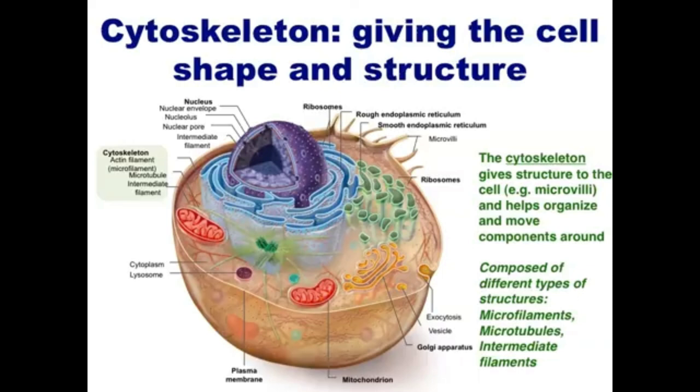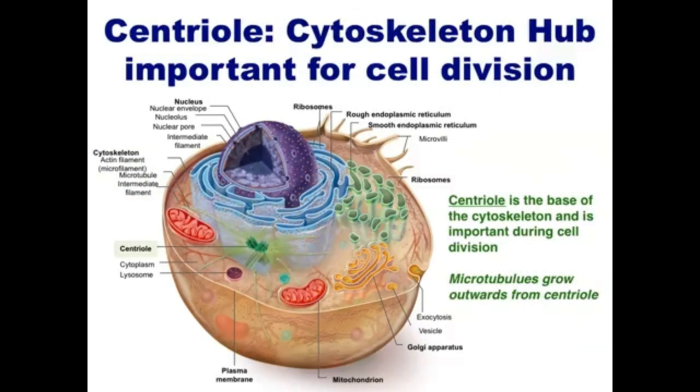The cytoskeleton can move the plasma membrane inwards for exocytosis, and can also move the membrane outwards to make projections known as microvilli. These cytoskeleton cables, in particular the microtubules, originate in the cell at the centriole. The centriole is the base of the cytoskeleton.